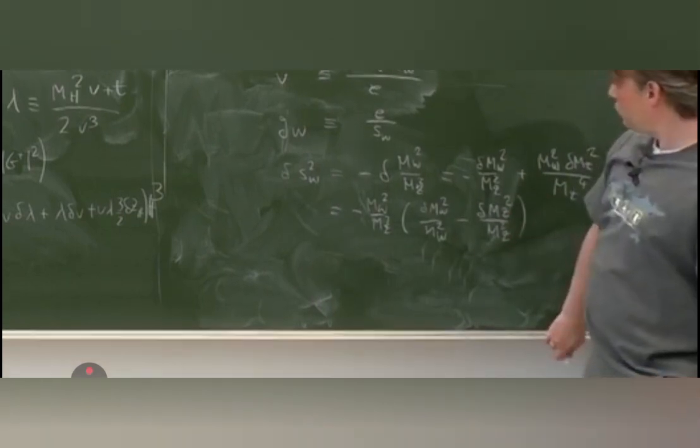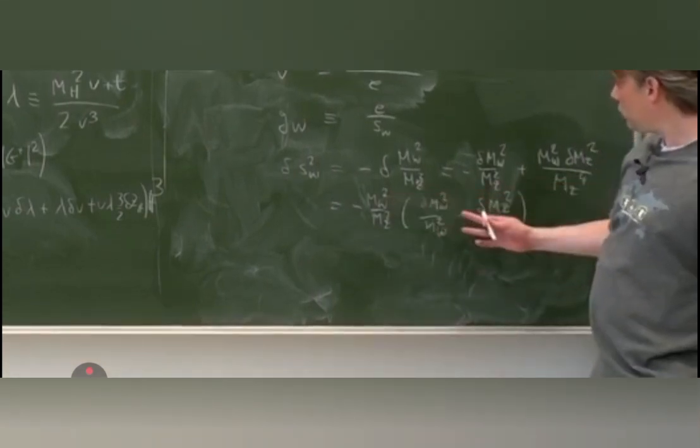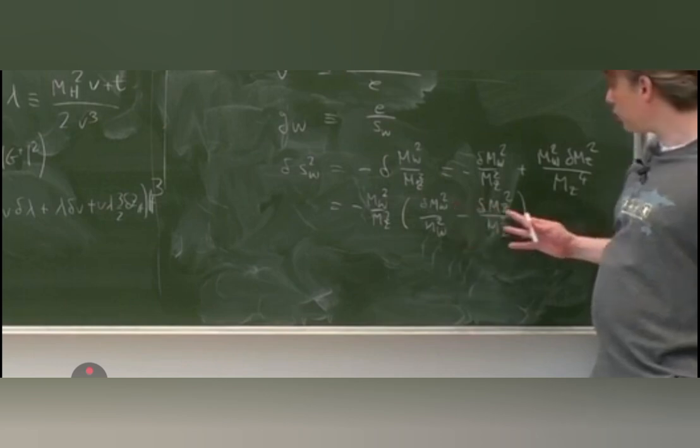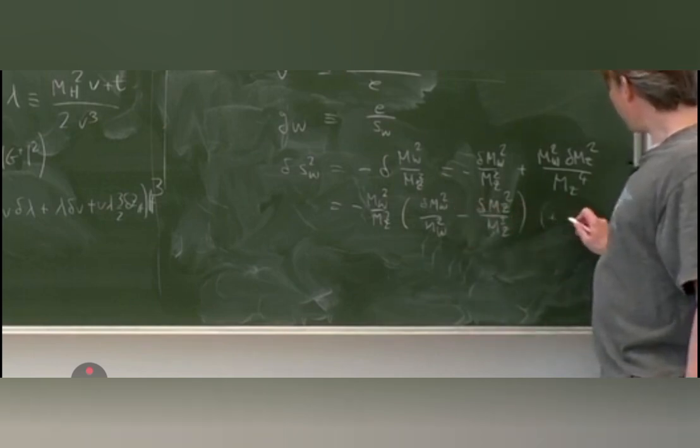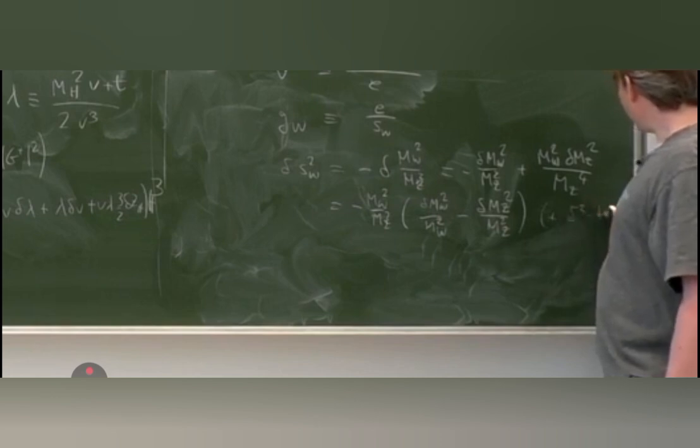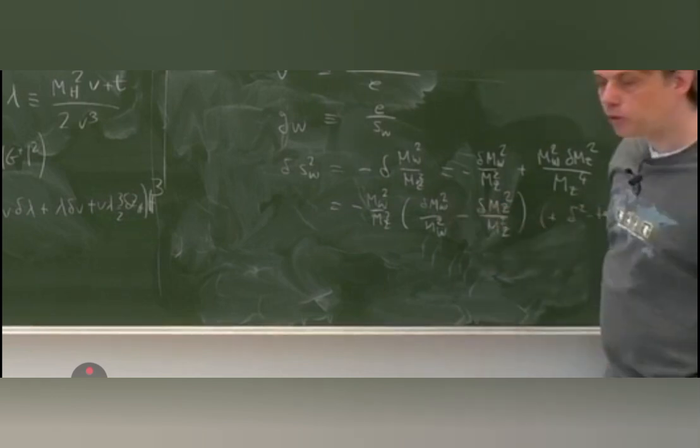So it's like this prefactor times the relative variations of the W and the Z boson mass plus delta square terms. So this is a one loop expression.